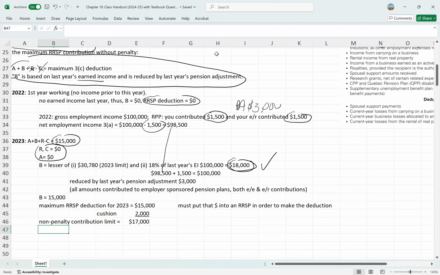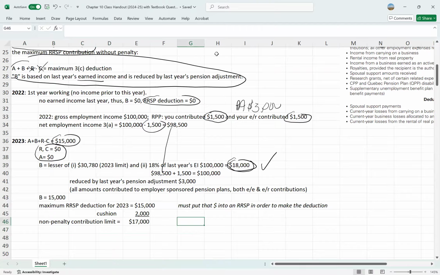So always be careful: you calculate your RRSP deduction limit, you put in a little bit more, as long as it's not over the $2,000 cushion, then you will not be penalized. So that's another term that's talked about in the textbook, this non-penalty contribution limit. But once again, you still need to put money into an RRSP in order to get the deduction.